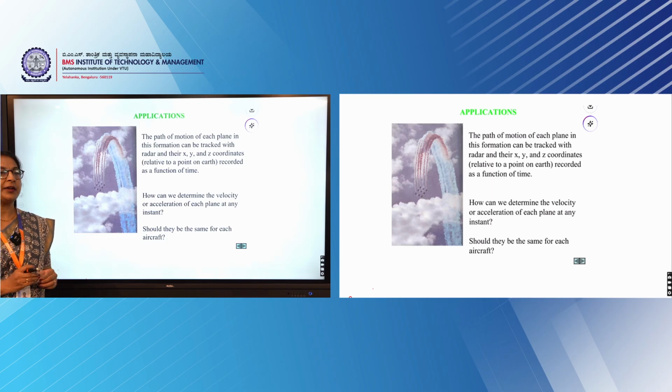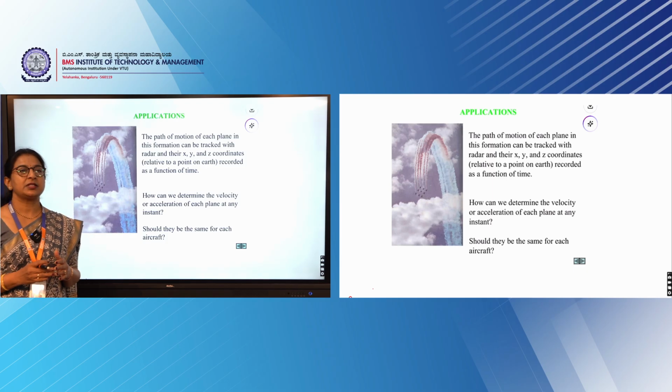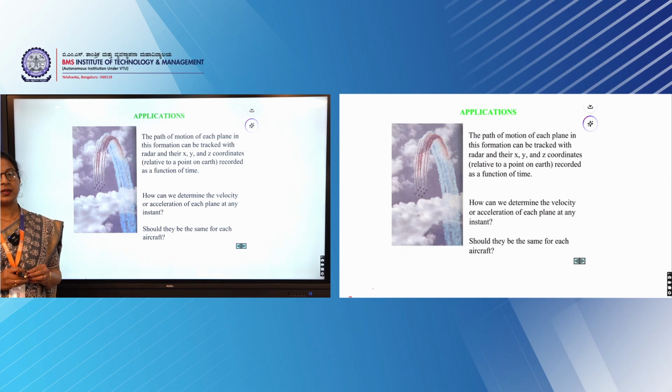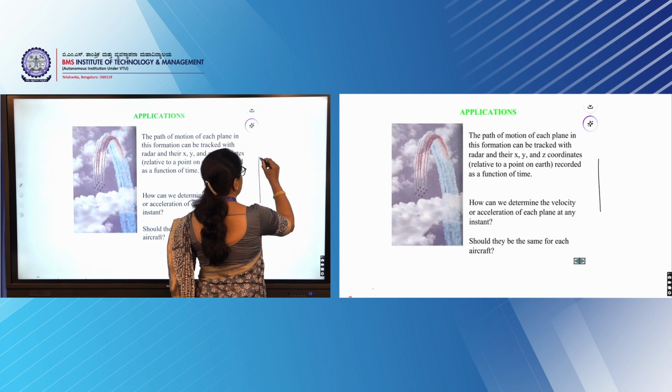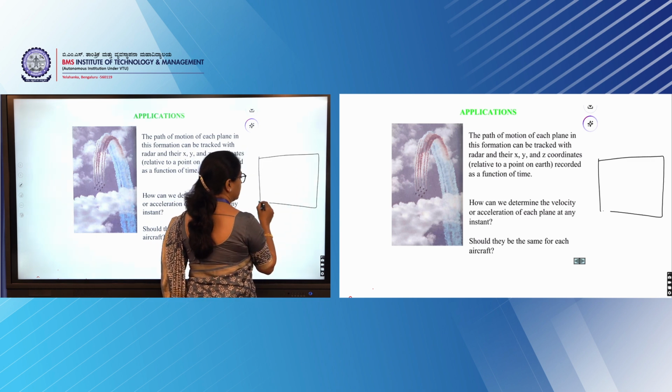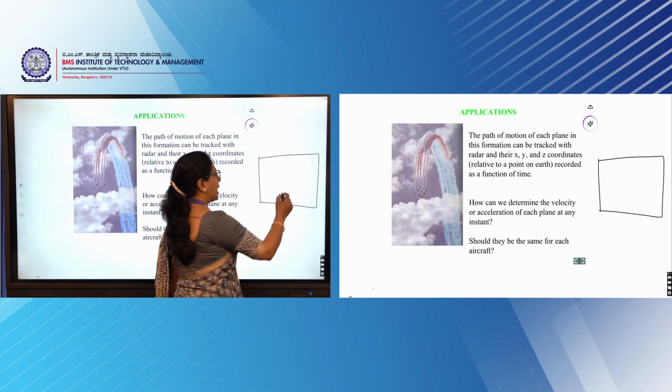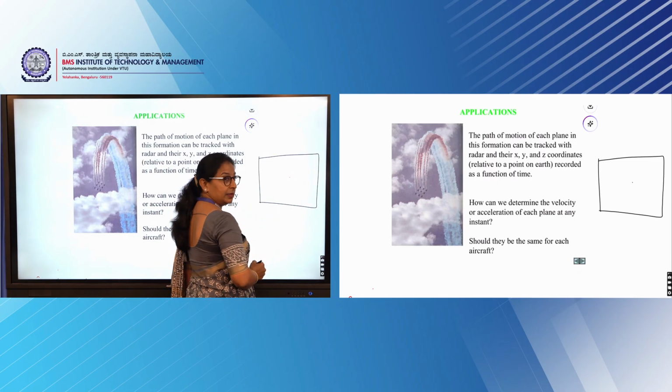Today we are going to discuss the polar coordinate system. Now when we say coordinate system, what is a coordinate? Any point represented in a plane. So if we have a plane, I need to represent a point here.